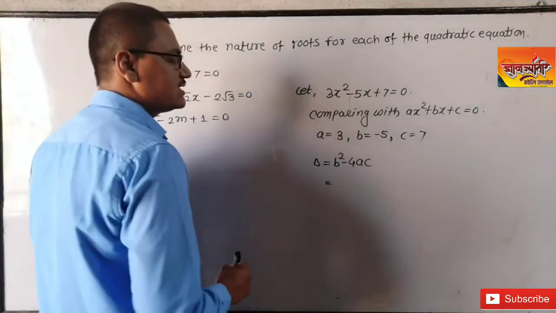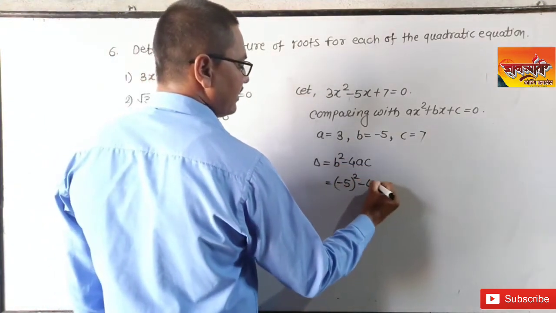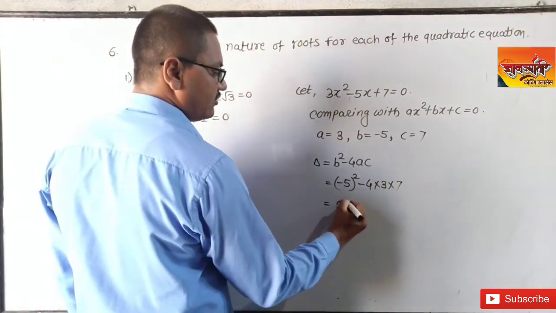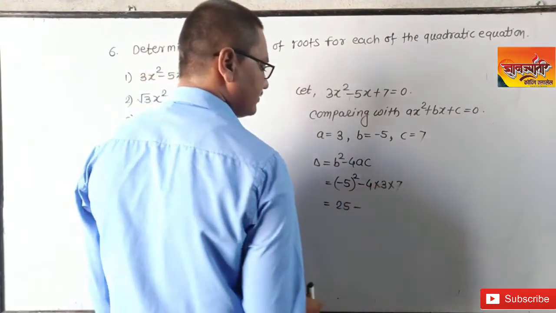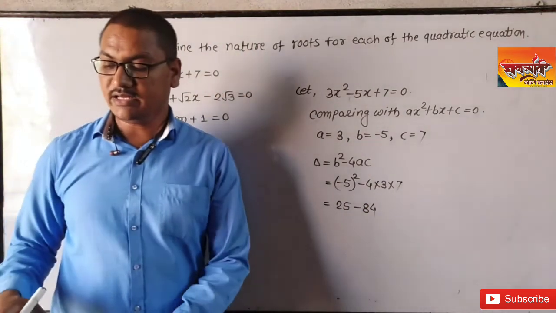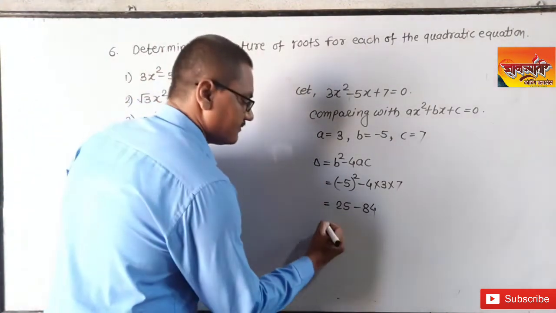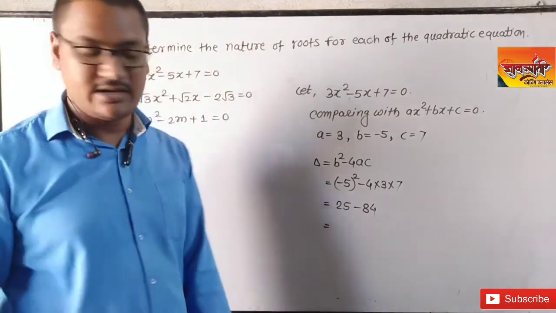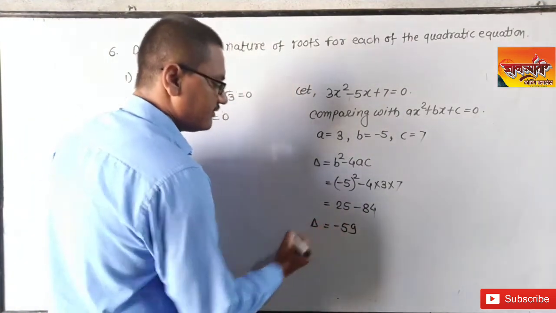Substituting the values: b is minus 5, squared, minus 4 into a which is 3, into c which is 7. That is 25 minus the product 4 into 3 into 7, which is 84. The subtraction gives minus 59.